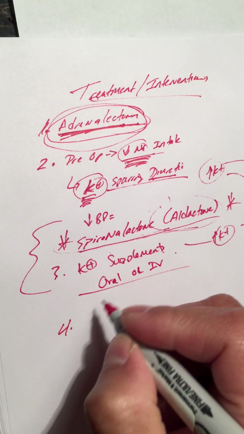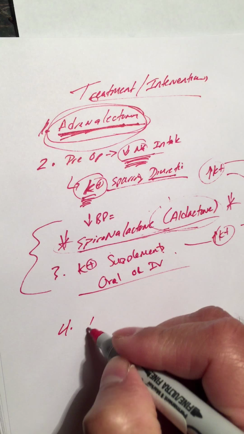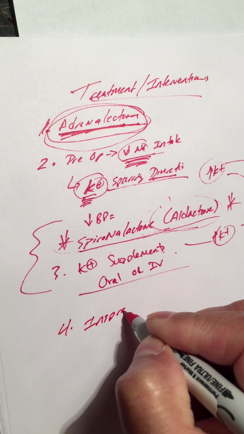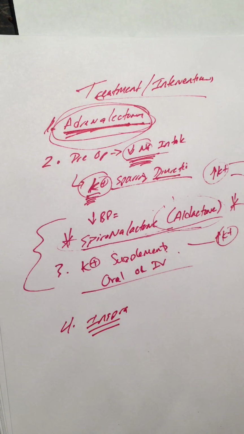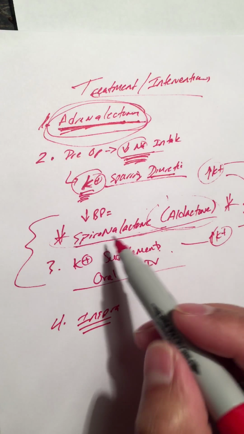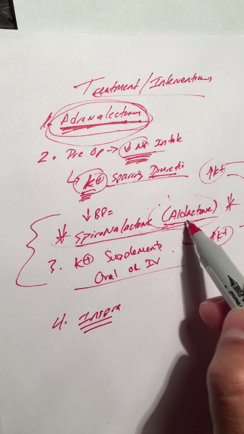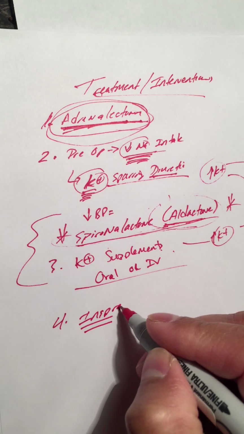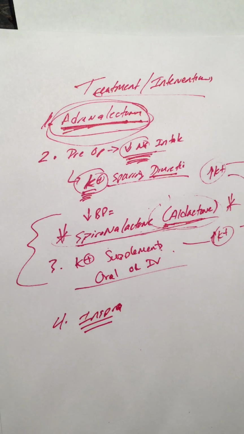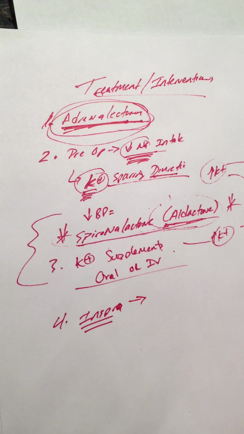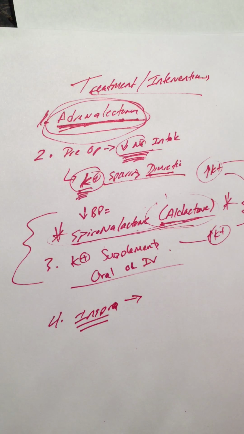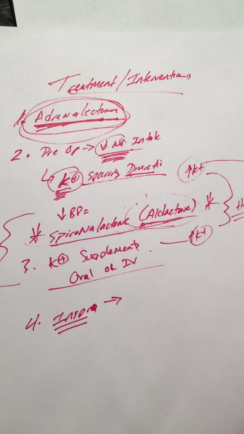Another medication that may be given is something like Inspra. And it has a similar effect as aldactone, okay? Inspra. Now, with these patients that are taking Inspra, you want to tell them to avoid grapefruit juice.